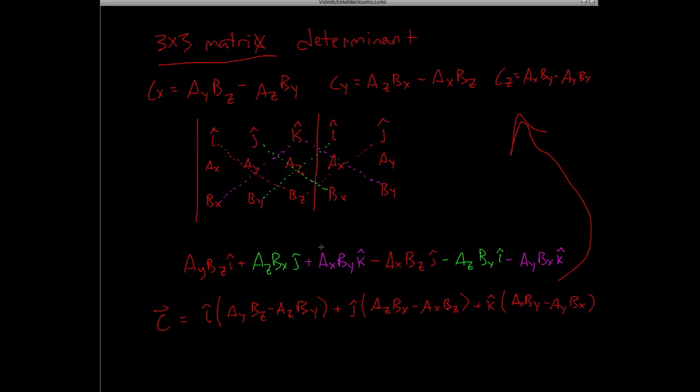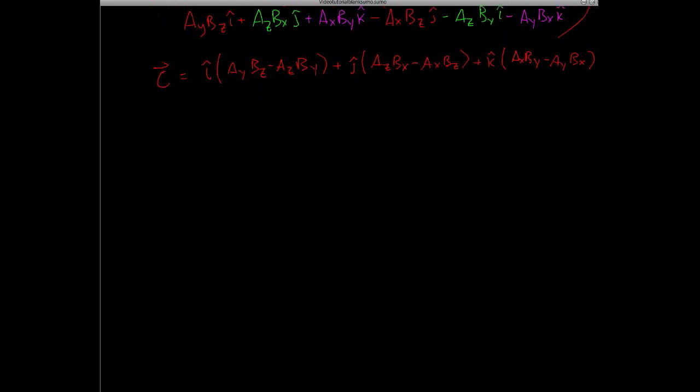So let's do an example where we are actually finding a vector product. Let's say vector A has a magnitude of 6 units, and it points in the positive x-axis. And vector B has a magnitude of 4 units, and it lies 30 degrees above the x-axis.